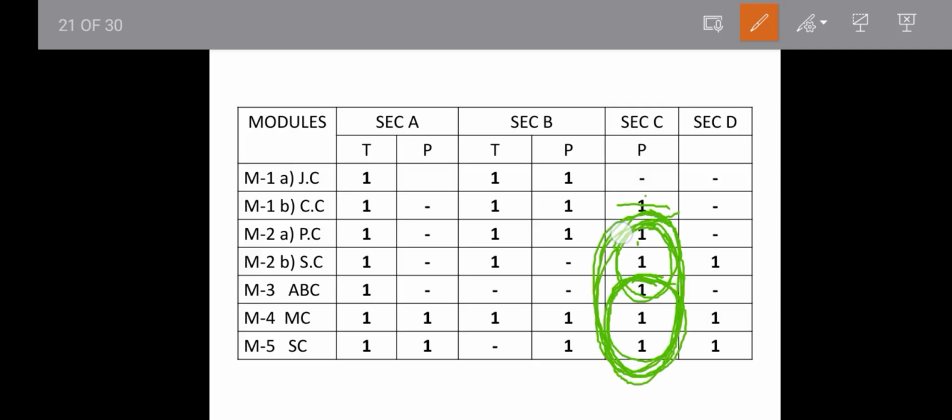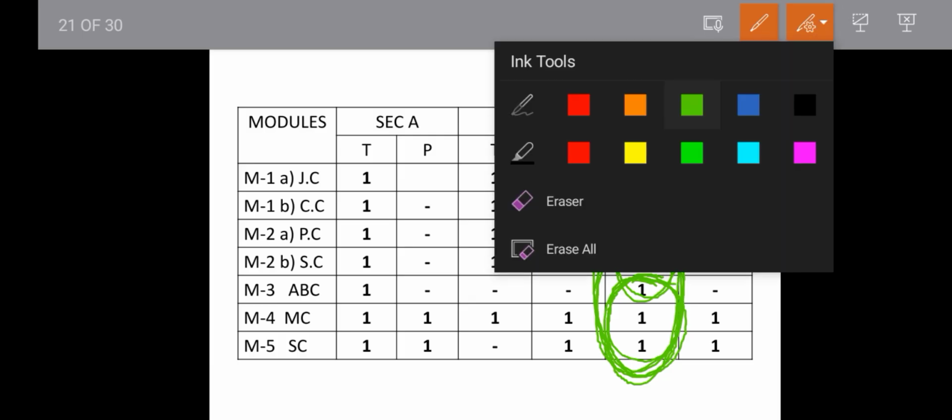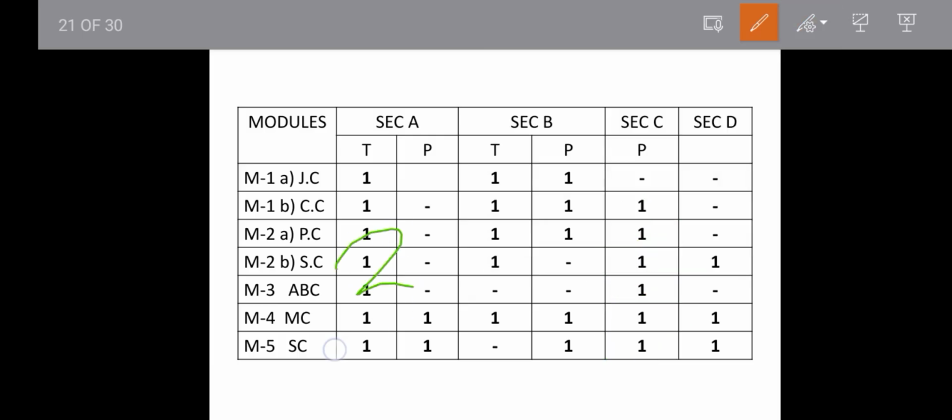If you prepare for these 5 chapters, that will fetch you a high number of marks in 10 marks. 30 out of 30 you will definitely get, because my prediction is from process costing to standard costing, whatever you have, just go through and practice that. This will fetch you a huge number of marks.